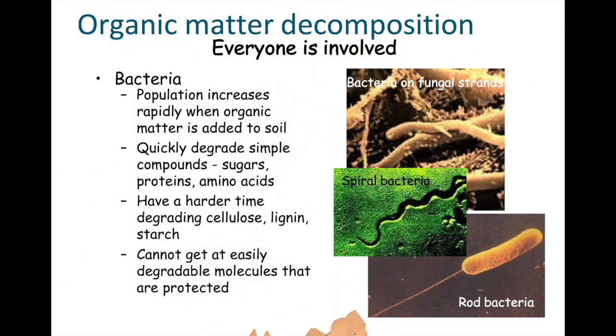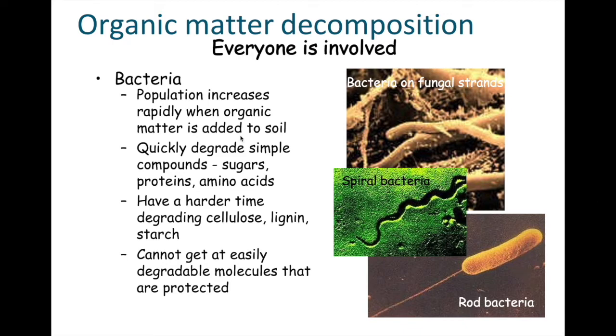So let's try to figure out what the special characteristics of these living organisms are, and what crucial roles they are playing, because these 5 types of microorganisms are involved in organic matter decomposition.